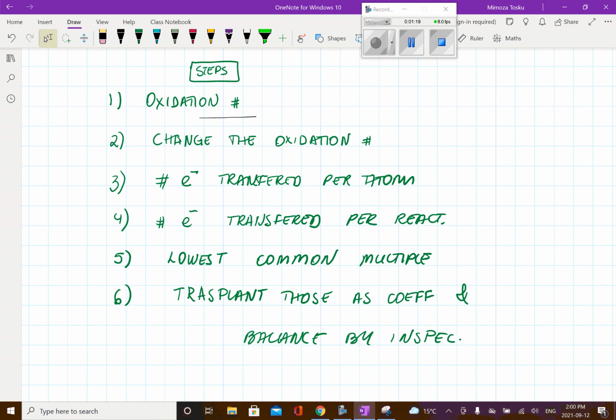And then for the rest of the elements, we balance by inspection.